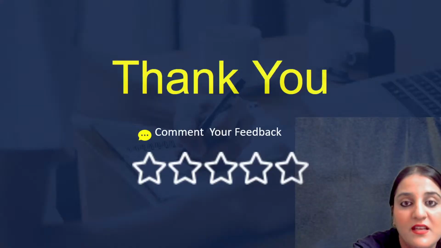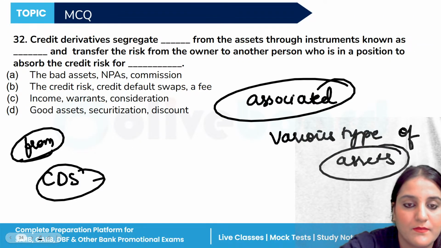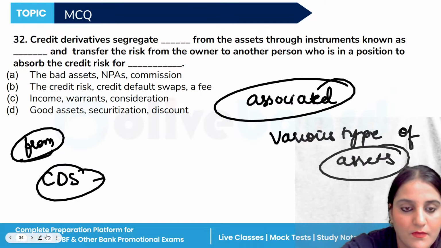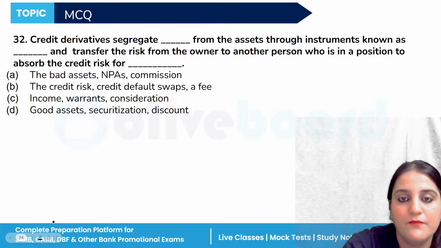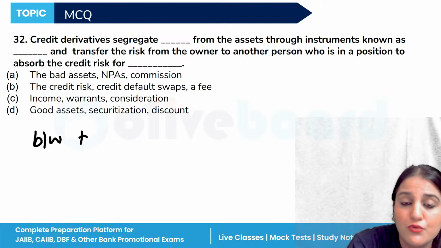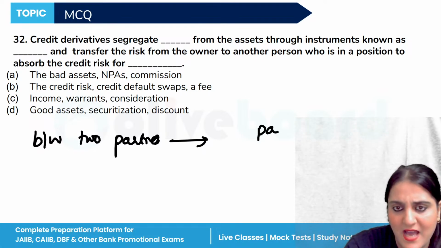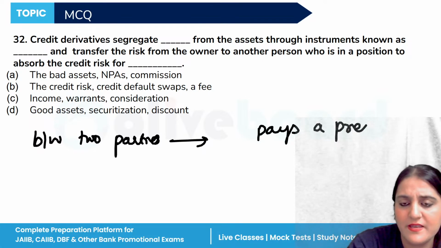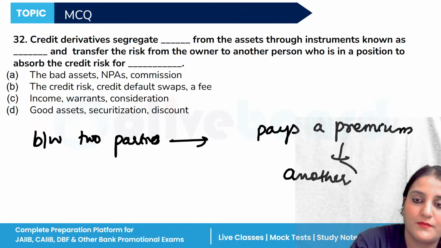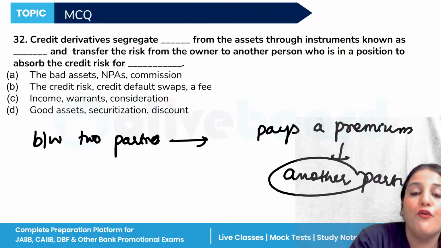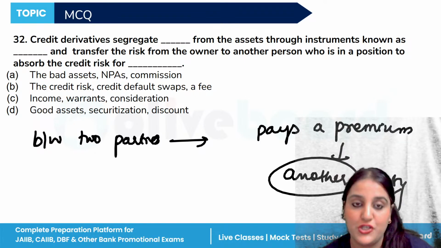CDS is basically an agreement between two parties where one party pays a premium or fee to the other party for protection against the default of a borrower or bond issuer.